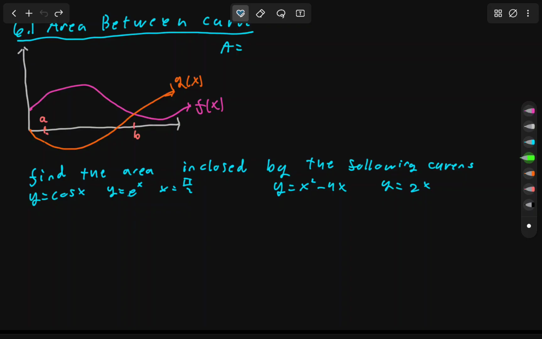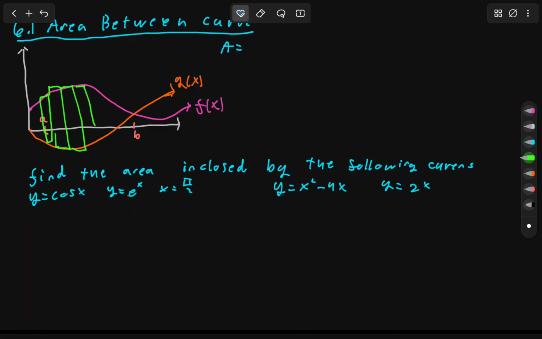So let's say I want to find the area between the point a and point b between the curves g of x and f of x. Well, what you have to do is sum up a ton of rectangles.